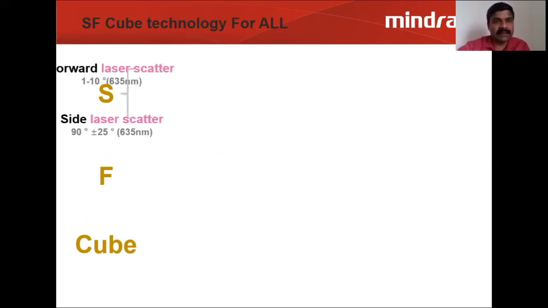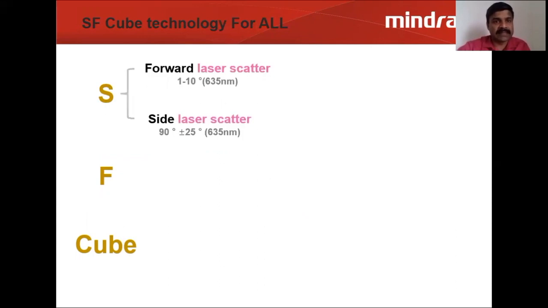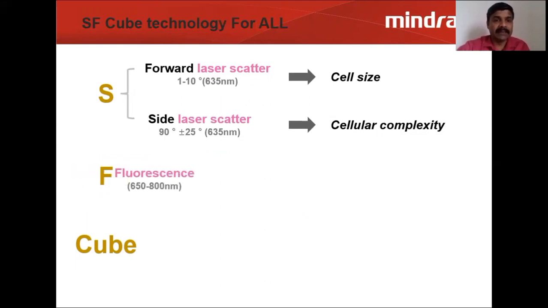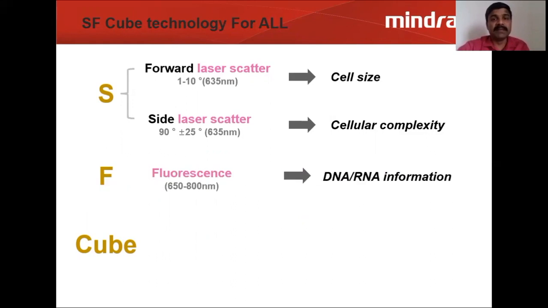What does S stand for? S stands for scattering, that is the forward scatter and the side scatter, which give you the cellular size and the cellular complexity information. And the new parameter, fluorescence, is also measured, which gives you information regarding the DNA and RNA content, and directly gives you the cell maturity information.